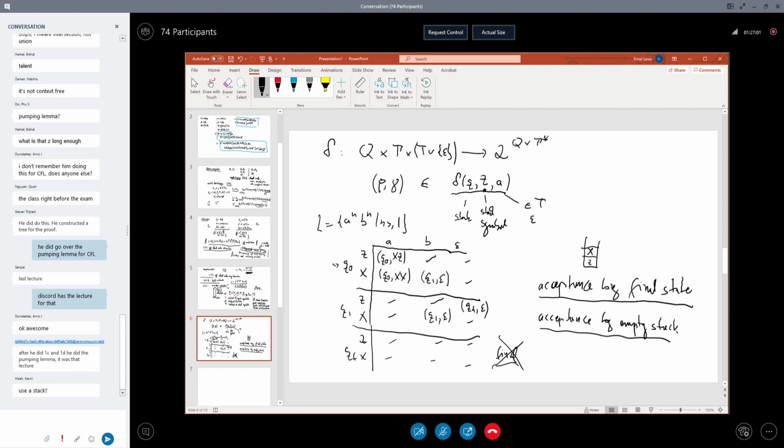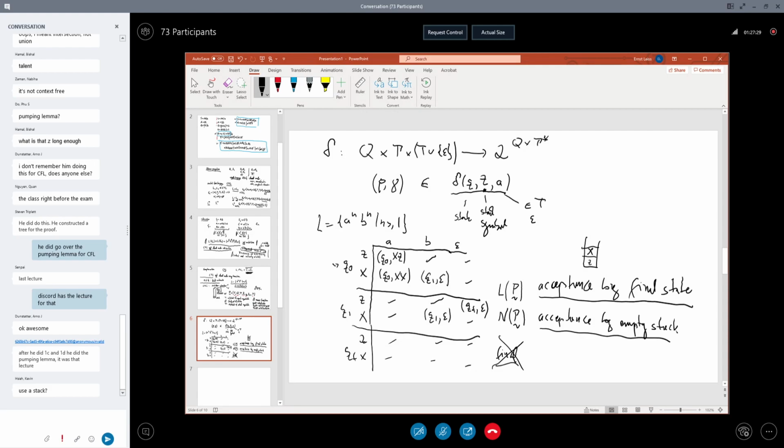So there are two ways of accepting, and if we have a push-down automaton, then acceptance by final state is denoted by L of P, and acceptance by empty stack is going to be denoted N of P. So these are two different languages that can be associated with a push-down automaton.